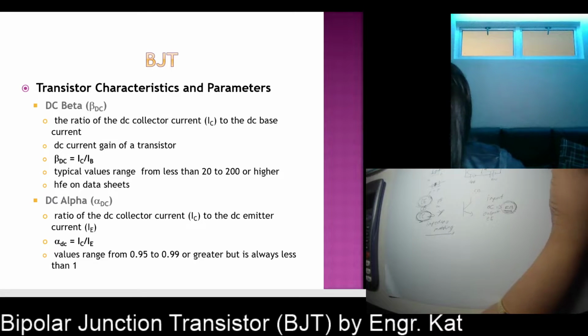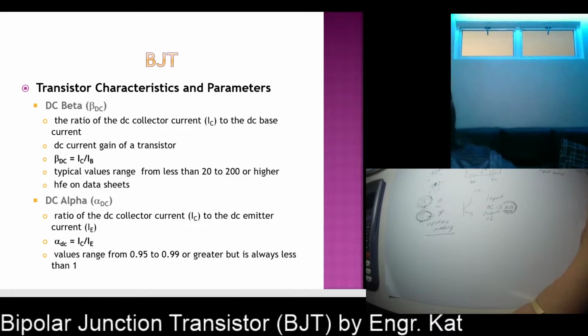Actually, this is the ratio of the output current to the input current. So what is the input for common emitter? The emitter is common to both the input and the output side.